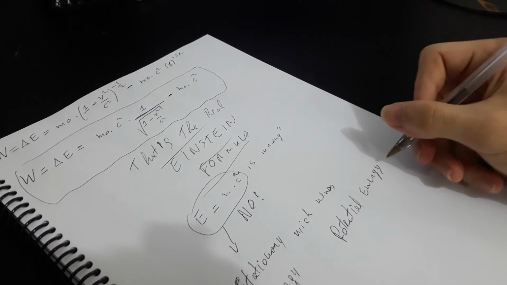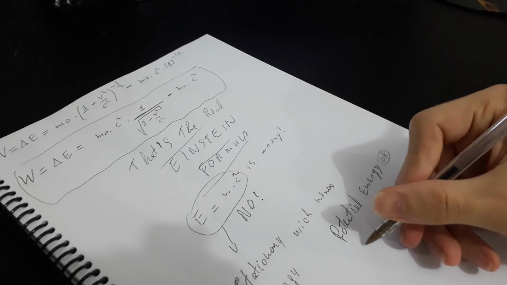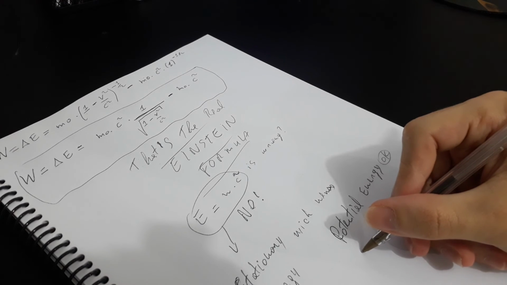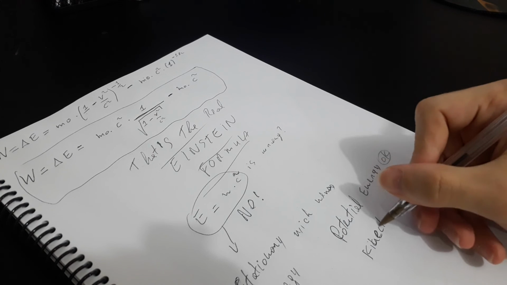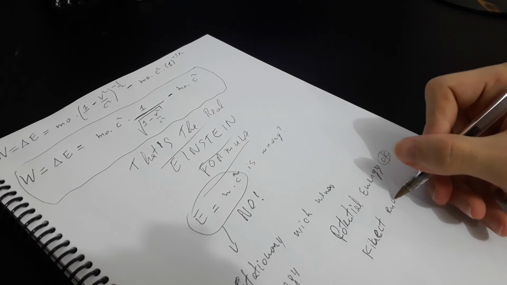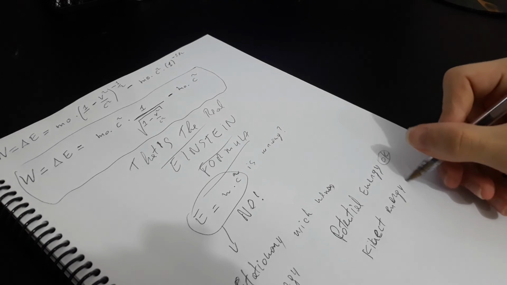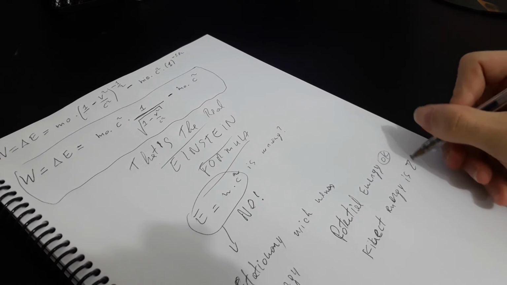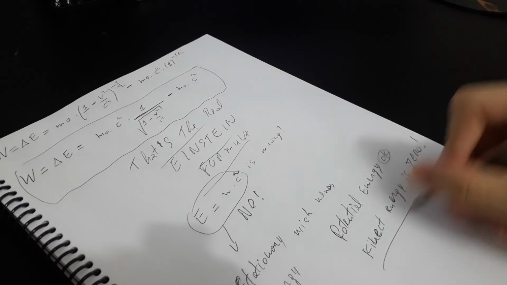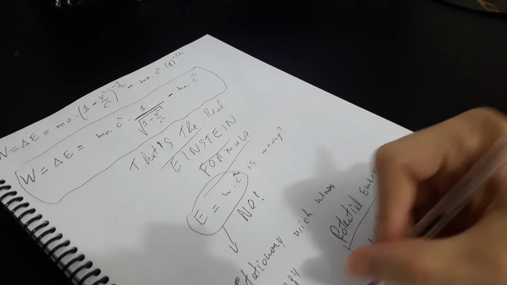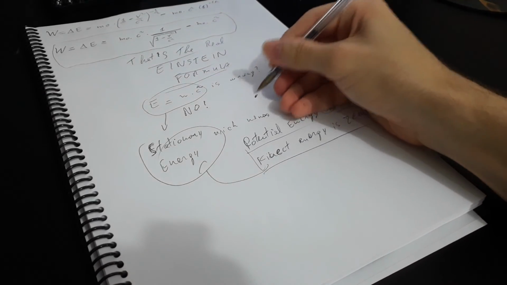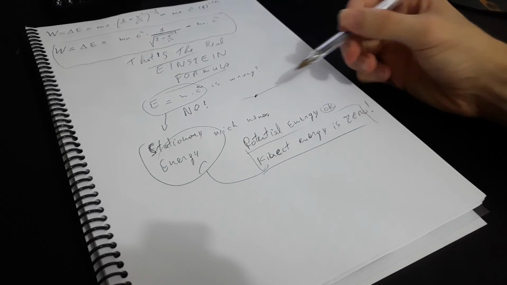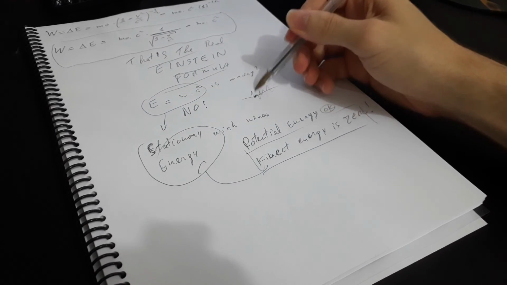I have a potential energy, so it's okay, but my kinetic energy is 0, so I don't have kinetic energy when I have a stationary energy, a particle in a stationary energy. It doesn't move on, it doesn't have a great result.